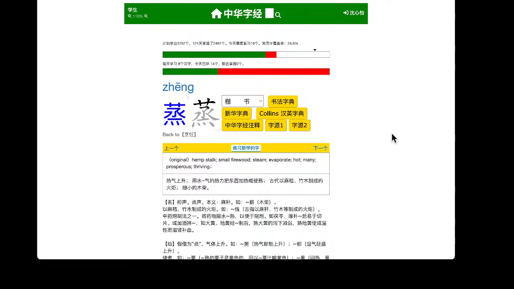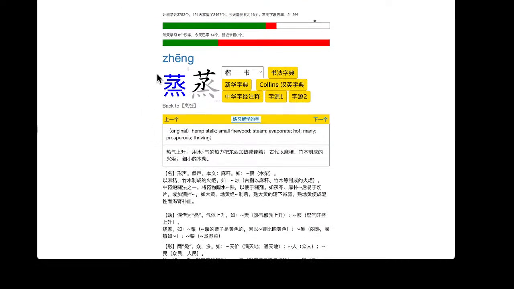The original meaning of 蒸 is a type of hemp stalk or small firewood. That's the original meaning. You can see why, because the grass radical is on the top.